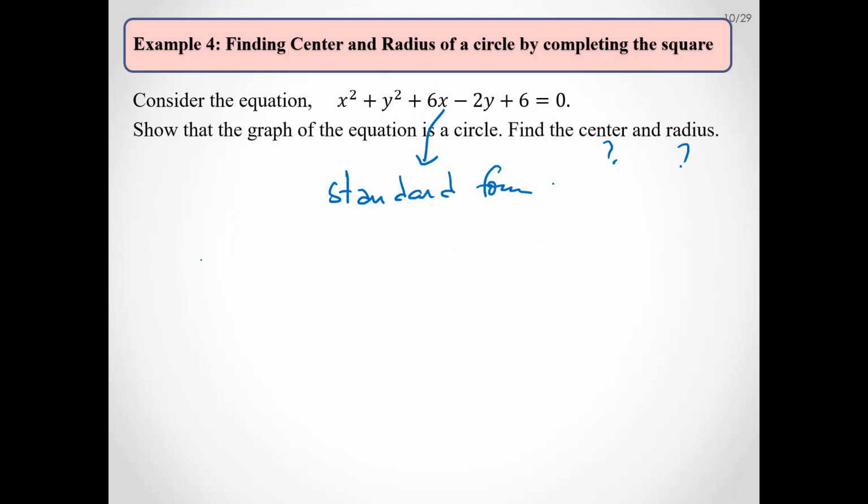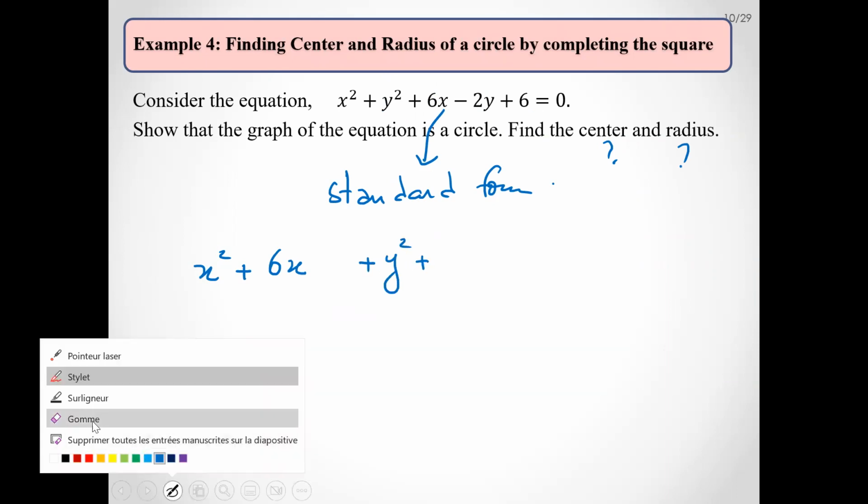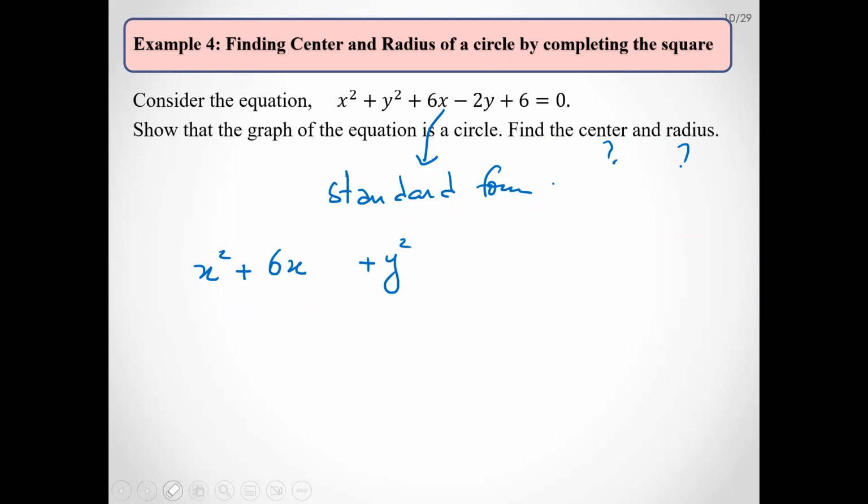Okay, كيف؟ ناخذ ال x set together, x square plus 6x, y, هي ترتيبها, so minus two y, ونودي 6 the other side, minus 6.